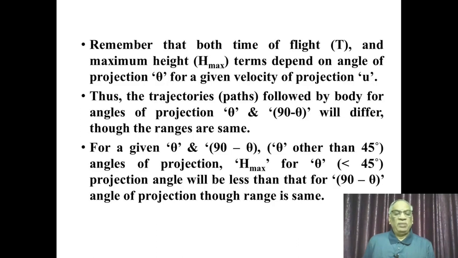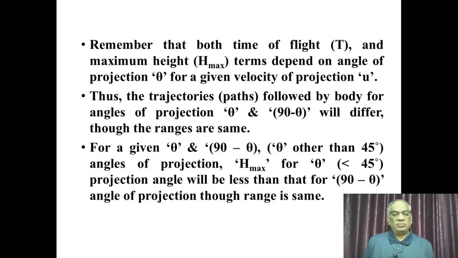So the trajectories followed by a body for angles of projection θ and 90 minus θ will be different, though their ranges are the same. We mentioned that the range will be the same for angles of projection θ and 90 minus θ. For θ other than 45 degrees, the maximum height obtained for θ less than 45 degrees will be less than that for 90 minus θ. Hence, the trajectories are different.